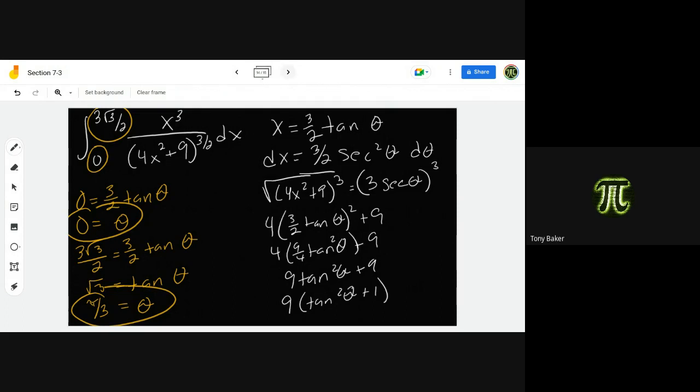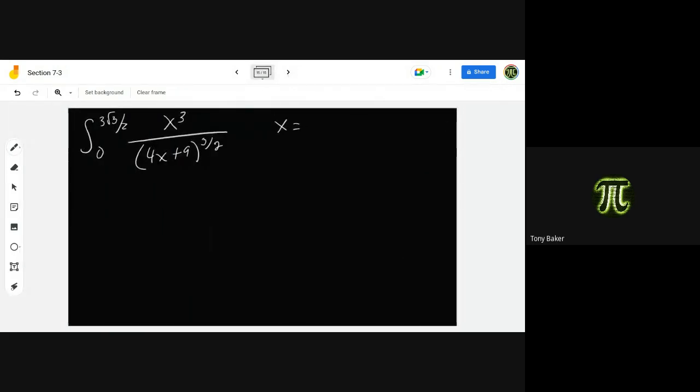So we have x equals 3/2 tangent theta. We had dx is 3/2 secant squared theta d theta. And then we had the 4x squared plus 9, that square root went to 27 secant to the third theta.